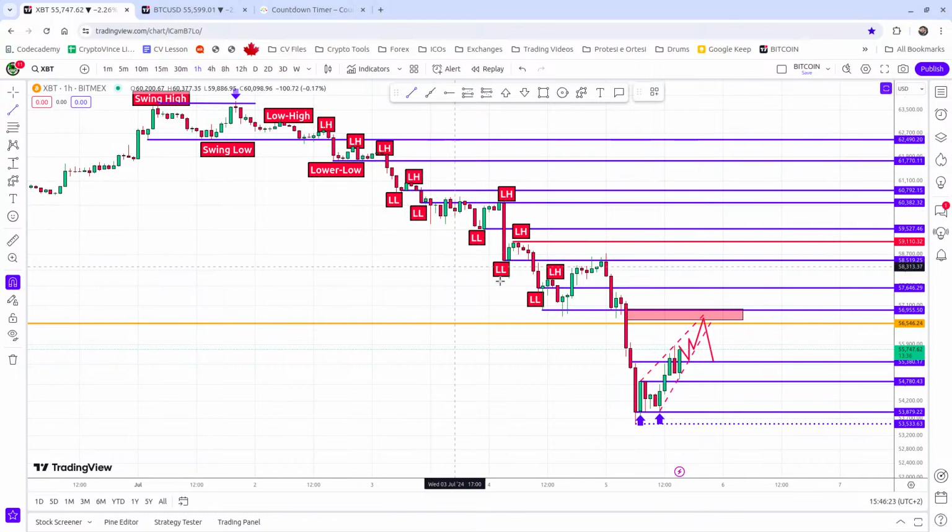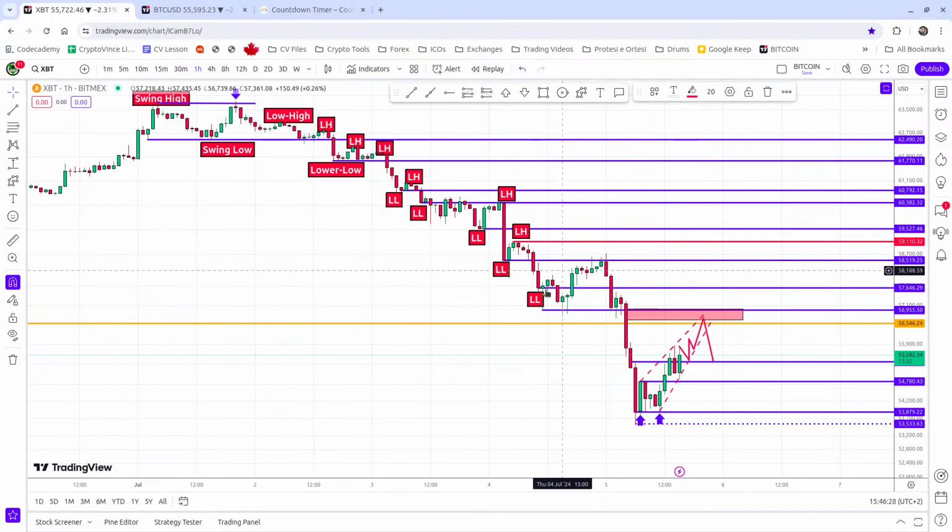See, pretty much did the same thing here, guys. Look, let me remove this lower high, lower low. Kind of did the same thing here.